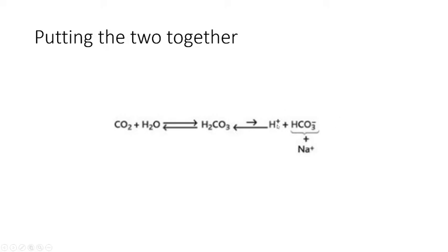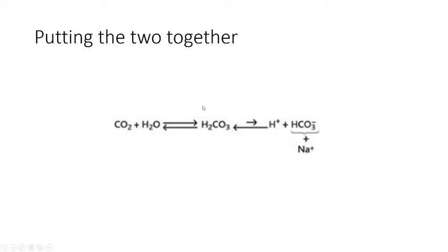Your hydrogen ion concentration, instead of shooting up in the absence of the buffer, would just shoot up to whatever hydrogen ions you've put in. But because there's a buffer there, most of it will get converted to this state, because this particular equation likes to go to the left. There will be maybe a slight rise in your hydrogen ion concentration, but the pH will be relatively steady.